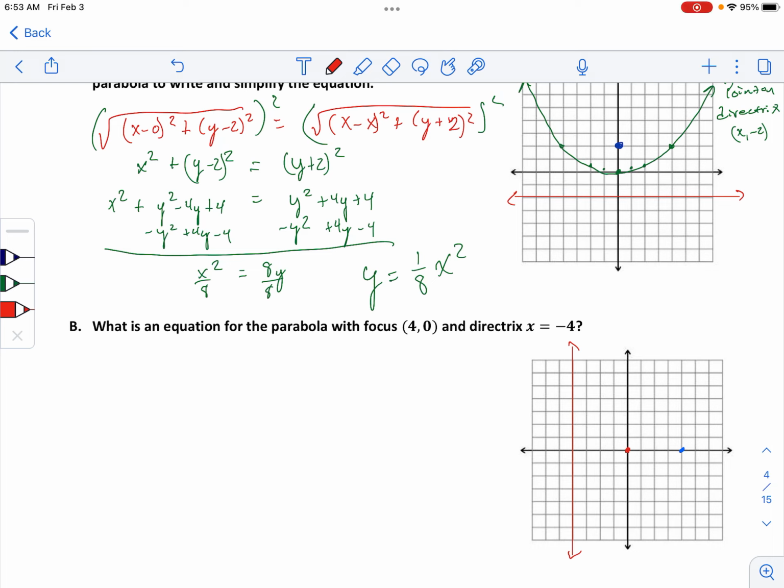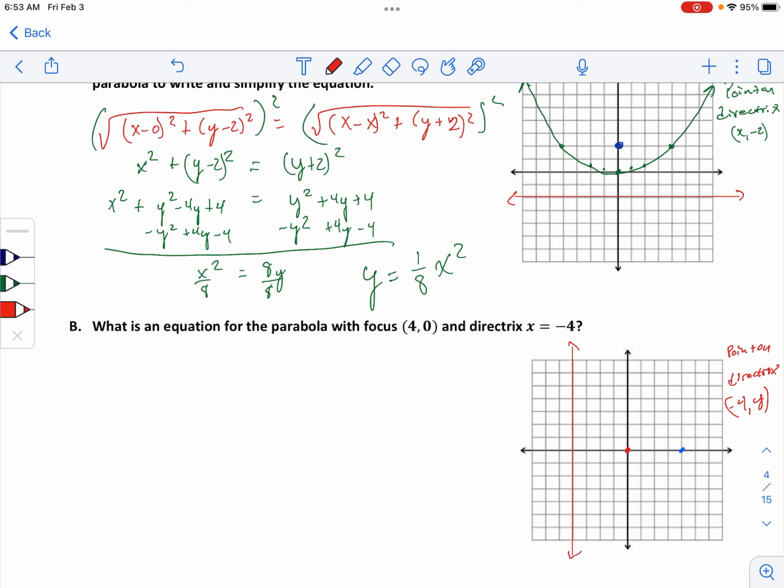So again, we're using our point on our directrix. This time, instead of x, negative 2, a point on our directrix is going to have to be negative 4, comma, y.